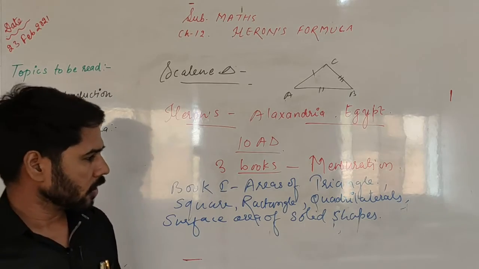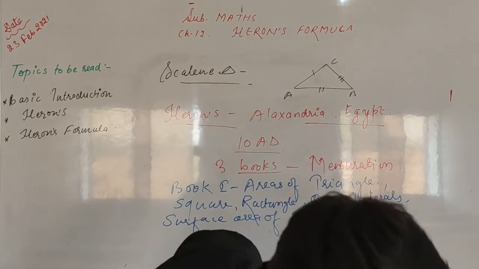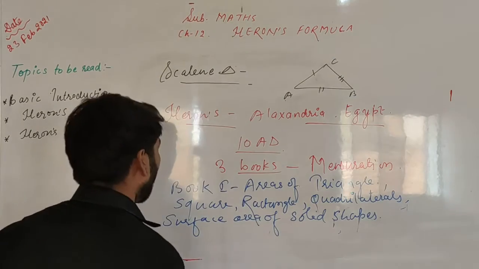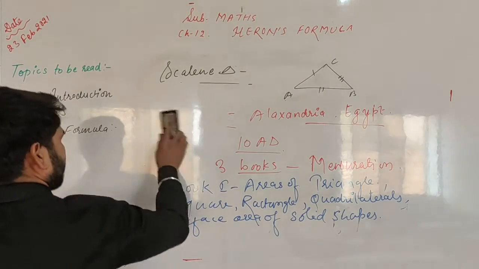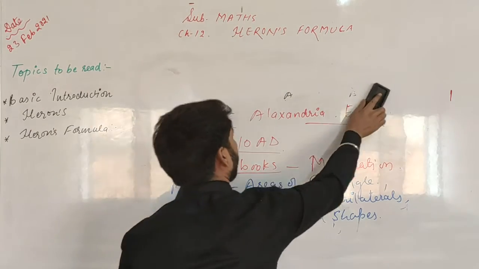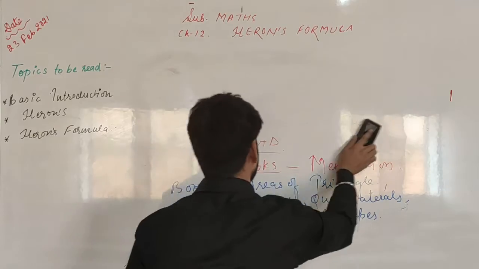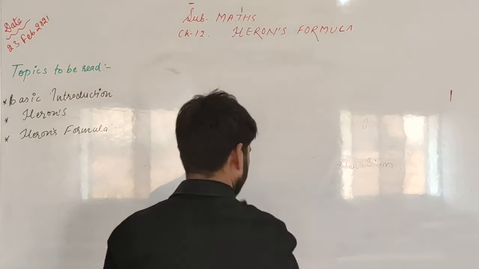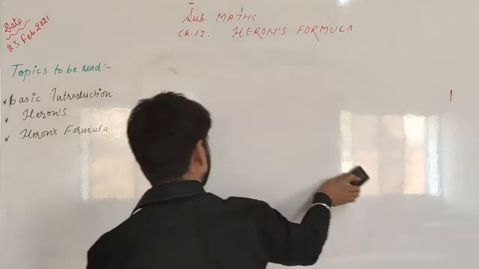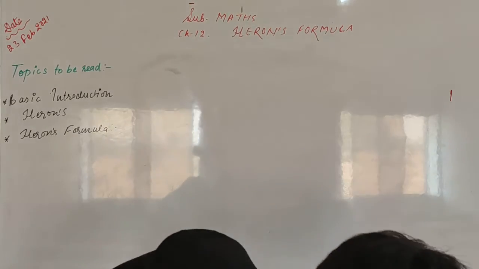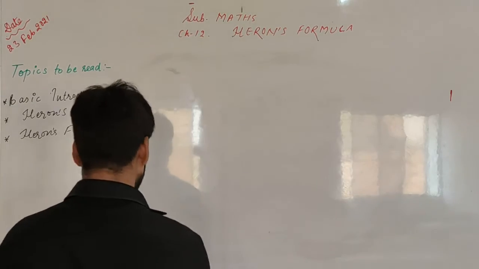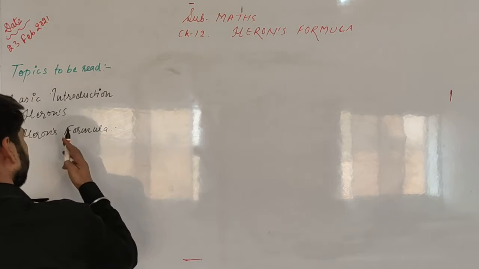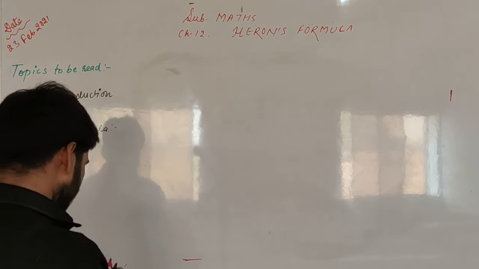So he provided one formula to find out the area of a triangle, that is known as Heron's formula. So now we come to Heron's formula.